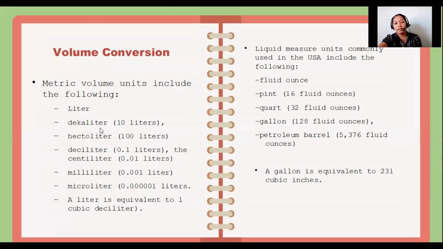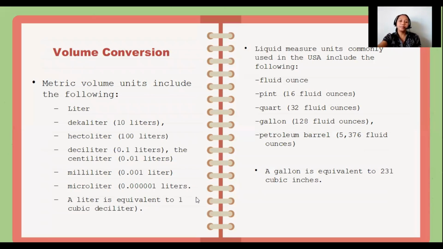So decaliter is 10 liters, hectoliter is 100 liters, deciliter is 0.1 liters, centiliter is 0.01 liters, milliliter is 0.001 liter, microliter is 0.0001 liters, and a liter is equivalent to 1 cubic decimeter.